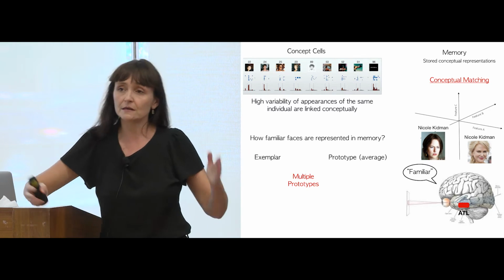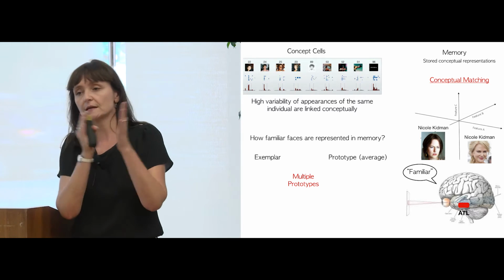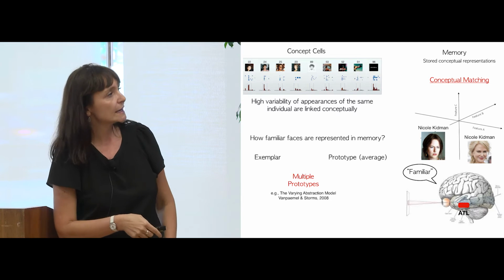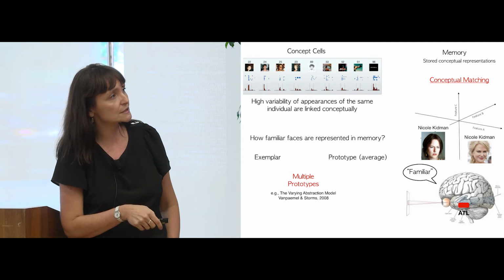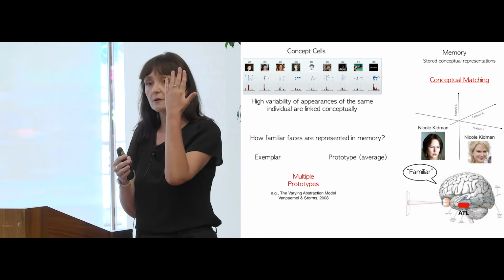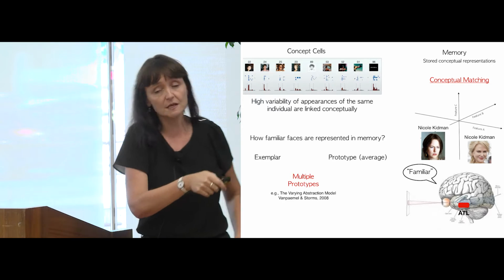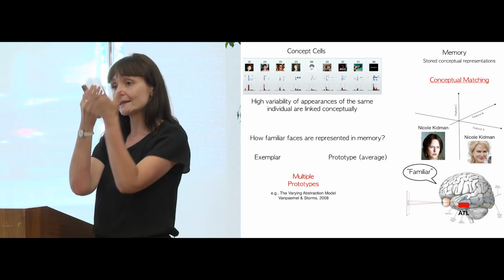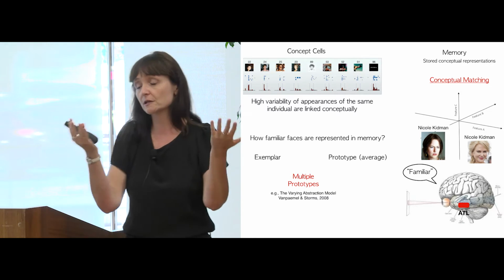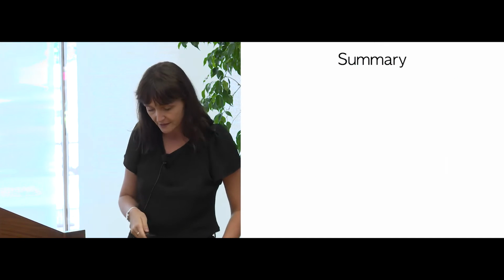And there are actually intermediate models that suggest an intermediate level of abstraction. One of the ideas that we are trying to study right now is that for each familiar face, we may not keep one representation, but multiple representations. They may be very different perceptually from one another, but as long as we can link them conceptually, we can account for this amazing generalization that we have for familiar faces.